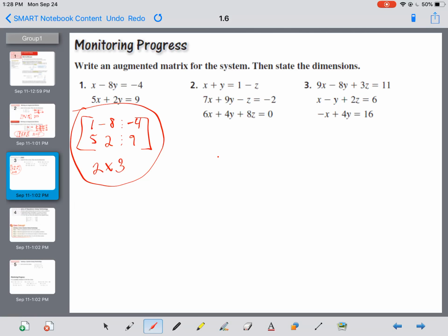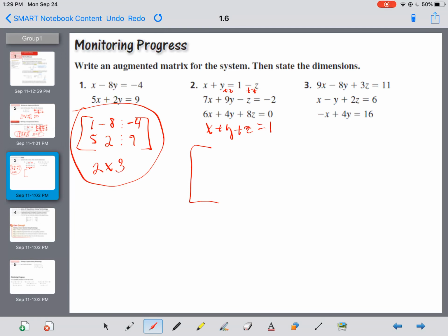All right, we look at these. X's are lined up, y's are lined up, z's are not lined up. I got to move that z over. So I'm going to add z to both sides. I'm going to rewrite it just below. So I've got x plus y plus z equals 1. So I've rewritten that. All right, so I'm probably going to need a bigger matrix than that. Now, it should be the top one.